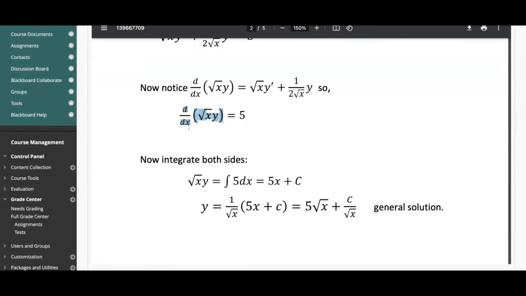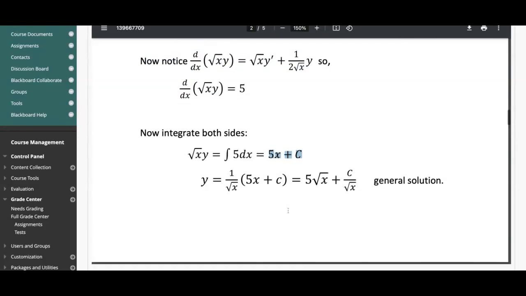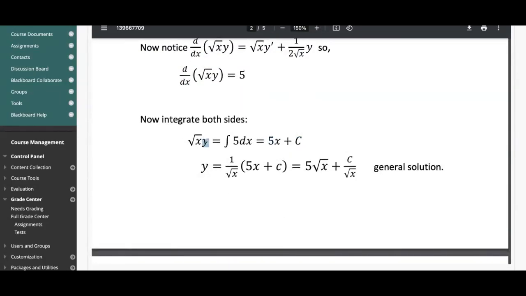Integration and differentiation cancel out, so we just get the square root of x times y. Integrating 5, we get 5x plus a constant. Then we want to solve for y, so we divide by the square root of x on both sides. So in the end, we have our general solution as such.